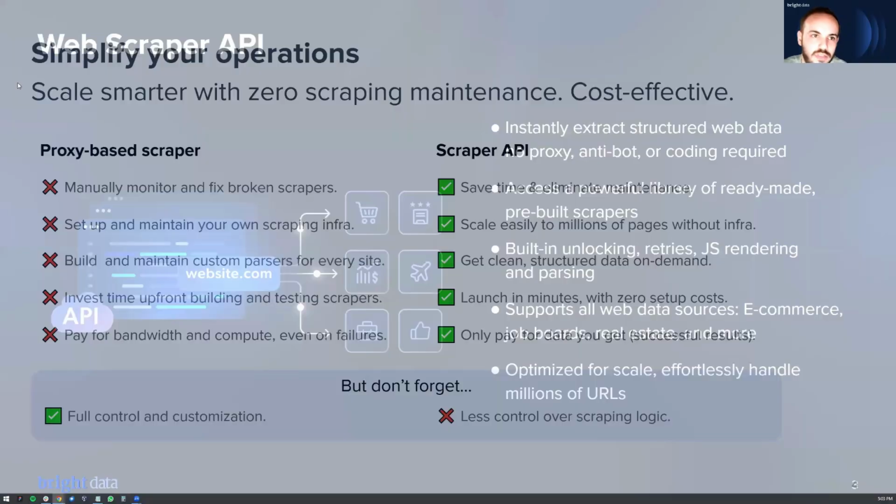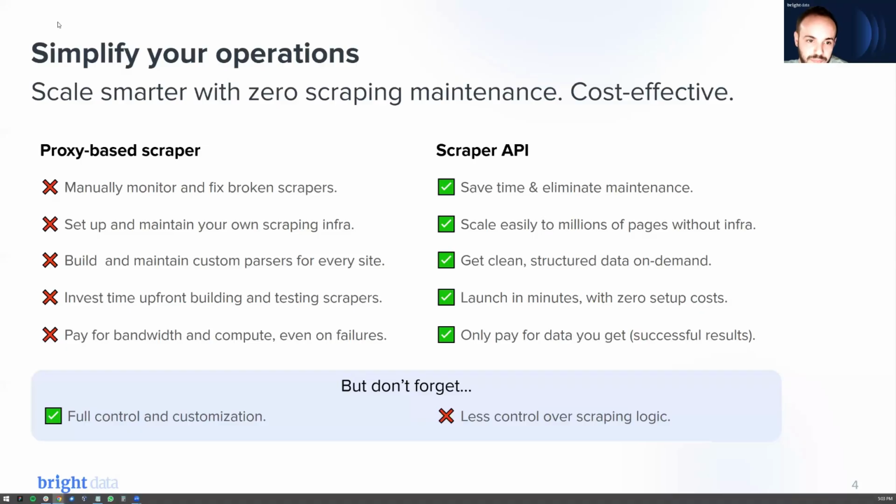So how is it different from proxies? I'm a little bit biased because this is my product and I'm really proud of it, but there are a lot of advantages for the WebScraper API in terms of maintenance.